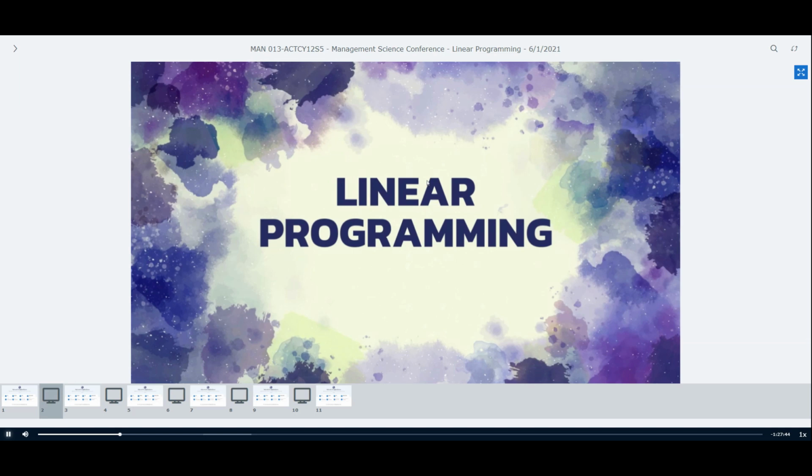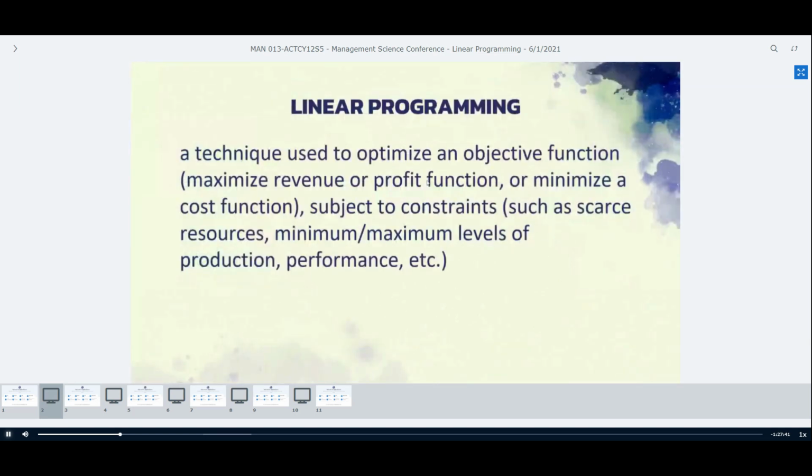Okay. So linear programming is a technique used to optimize an objective function. So when we say objective function, ano lang ba yun? Either we maximize revenue, maximize profit, or minimize cost. So that's what we mean by objective functions.